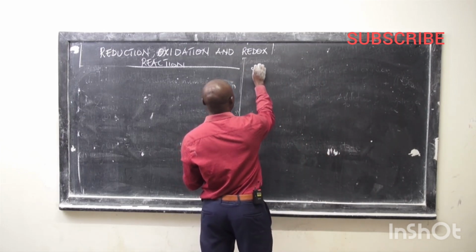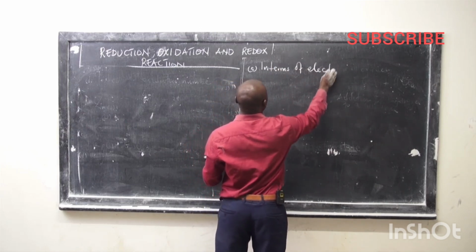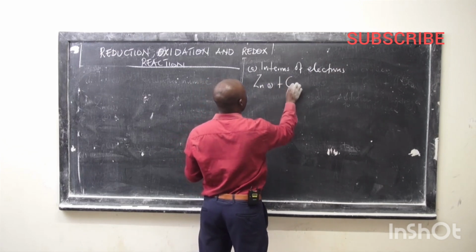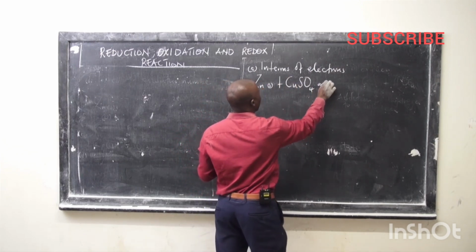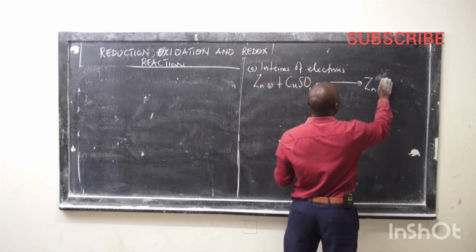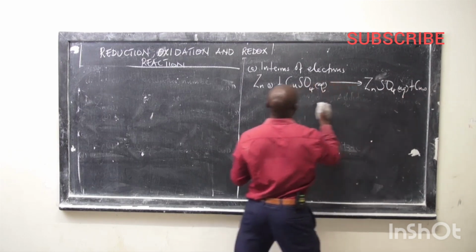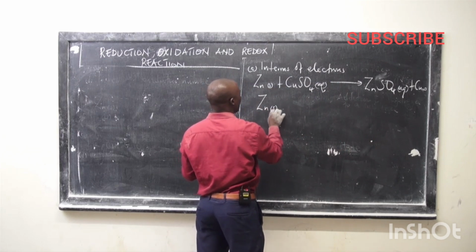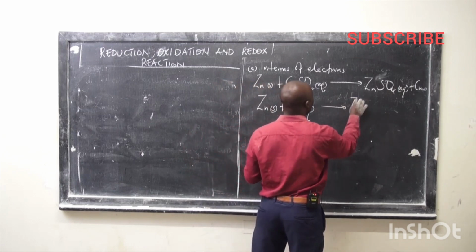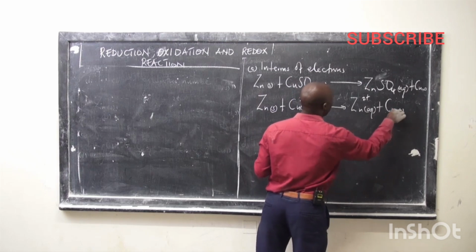That is part C. Let's use this same equation: zinc displacing copper sulfate to give us zinc sulfate plus copper solid. Ionically, you can look at my videos on how to write ionic equations, where I've fully explained them. So we arrive at that.